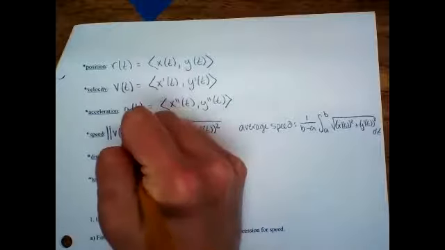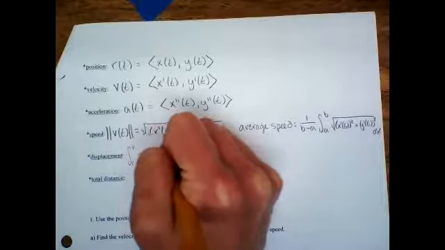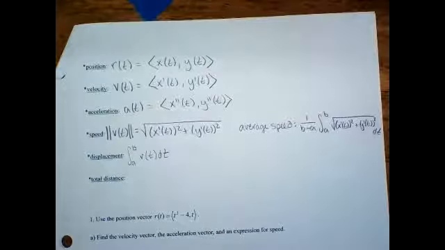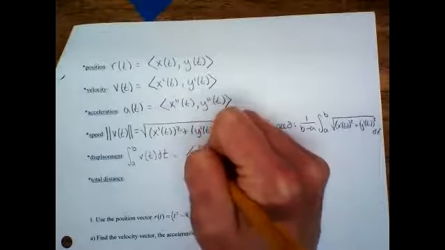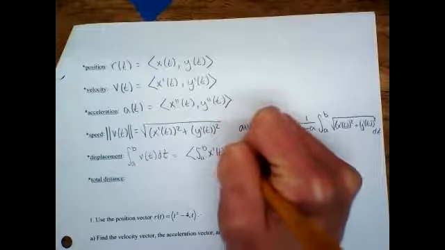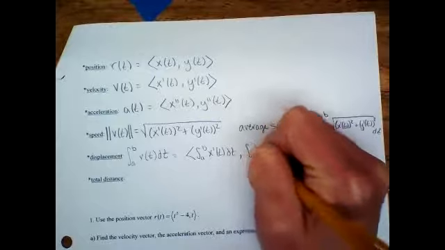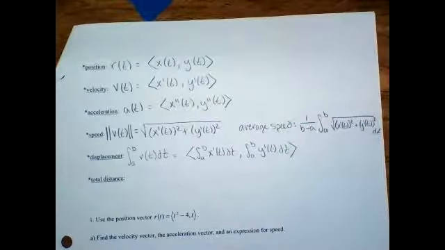All right, displacement is your integral from a to b of velocity. That's going to be exactly what we just did on the other side of the paper. You're just going to do the integral from a to b of x prime of t dt, comma, and then the integral from a to b of y prime of t dt. You'll just do them separately. And then think back to when we did total distance.